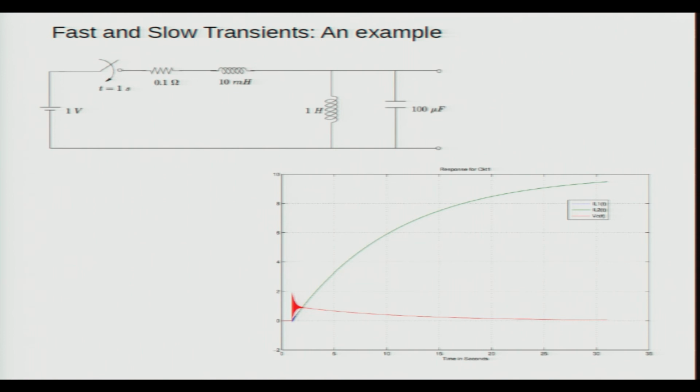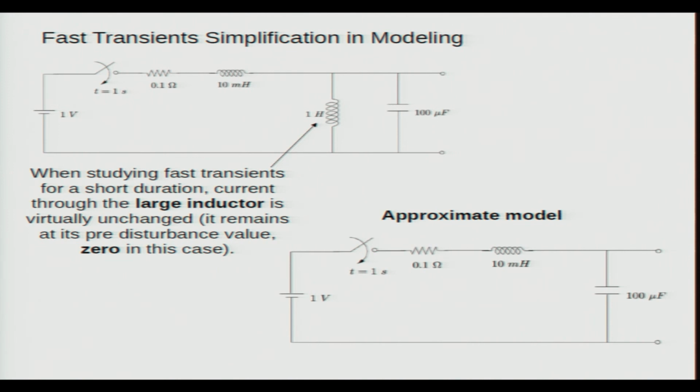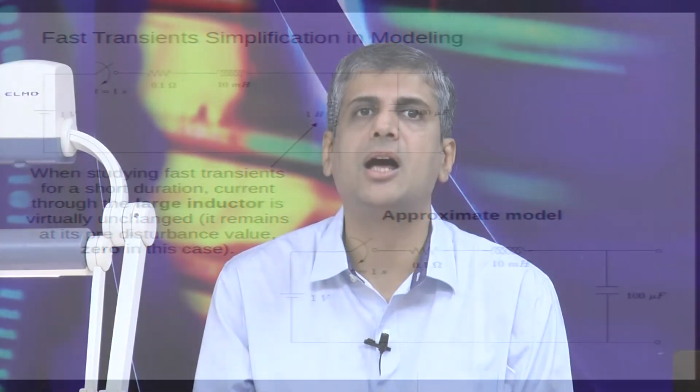So, in fact, you can study this example in two ways. One is that when we are studying faster transients for a short duration, the current through the large inductor is virtually unchanged. While this fast oscillation is taking place, since this is a very large inductor, it does not allow the current through it to change very fast.